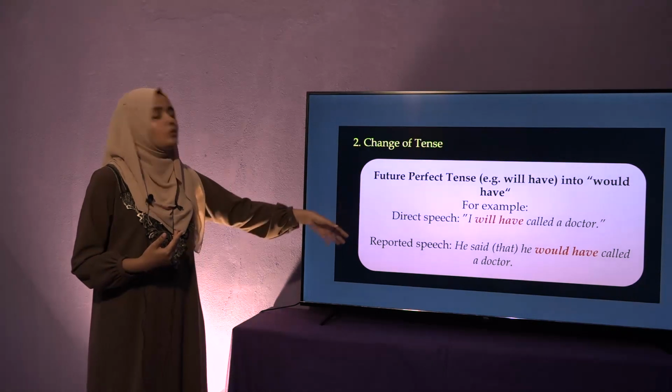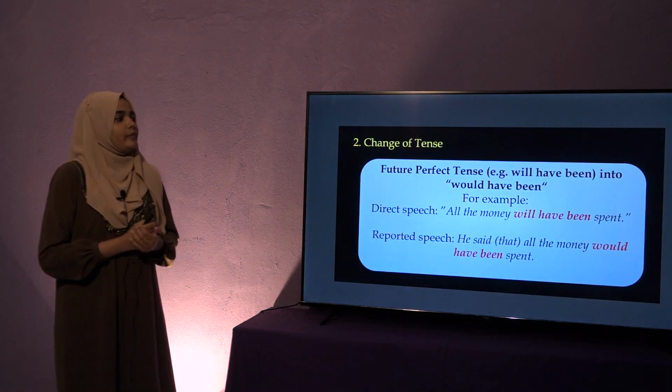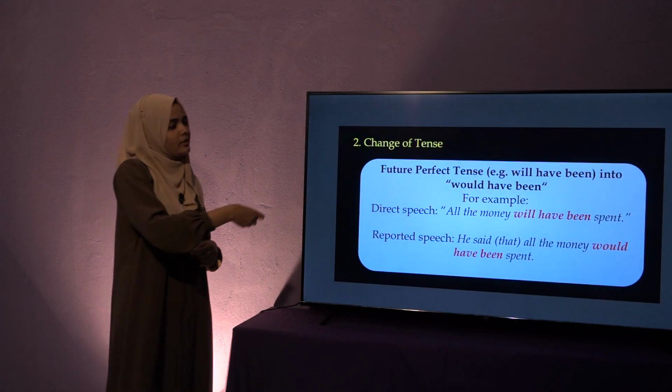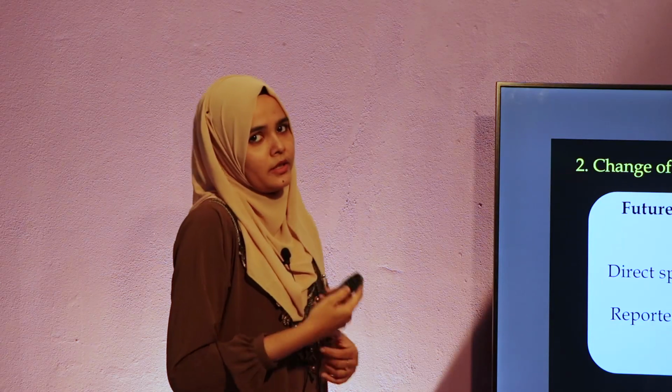Will changes to would. Okay, next future perfect tense, another example, will have been into would have been. For example, here all the money will have been spent is changed to he said that all the money would have been spent. The will here changes to would, no other difference when it comes to future tense.